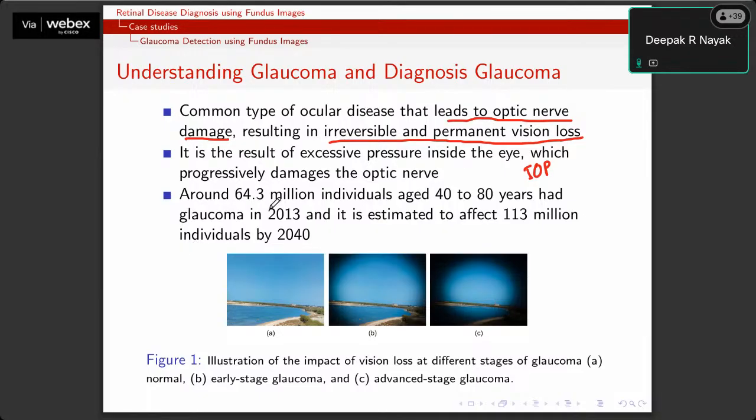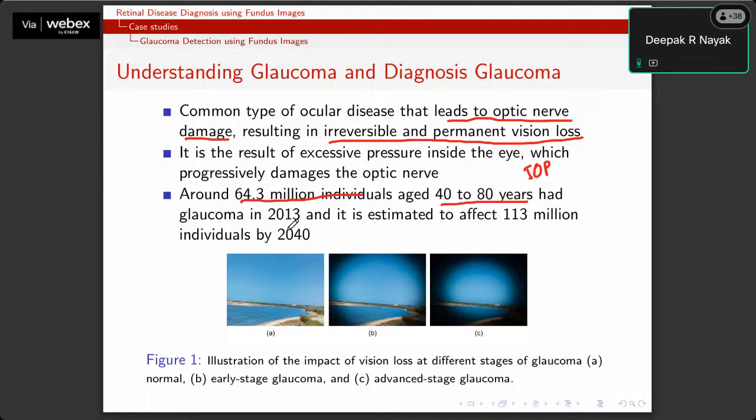Now, if you look at the statistics, around 64.3 million individuals aged 40 to 80 years have glaucoma. So glaucoma has many patients, over 40 or over 50 years.